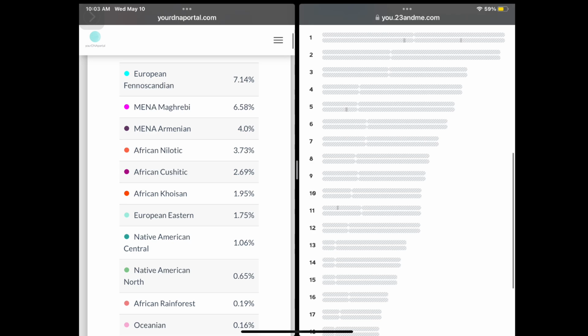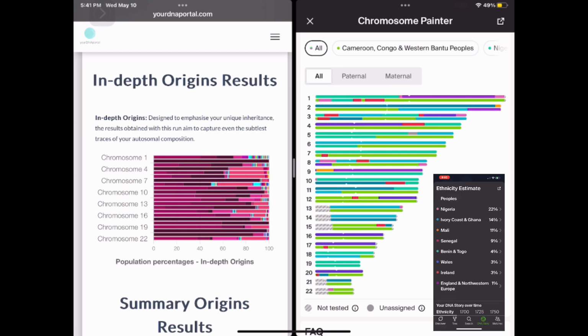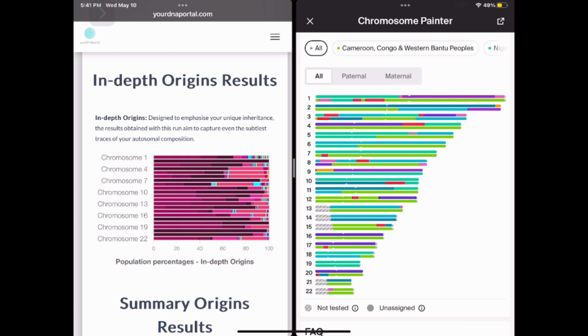And then we'll look at the chromosome painter from AncestryDNA here on the right. And as you see, very colorful as well. They have some areas that are more prominent, but there are some other chromosomes that have more color to them, so it's other ancestry highlighted there. On the left, the in-depth origins results from Your DNA Portal. If you click on the different chromosomes, you will see a breakdown of that portion, and it's color coded.